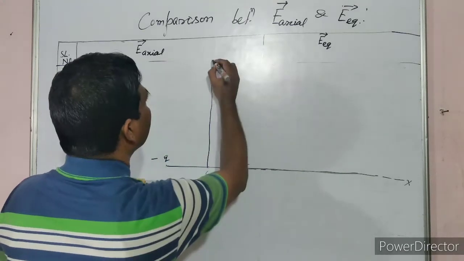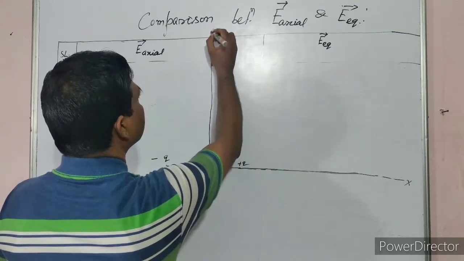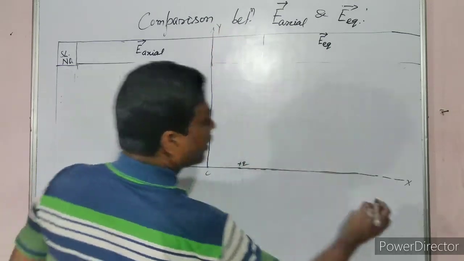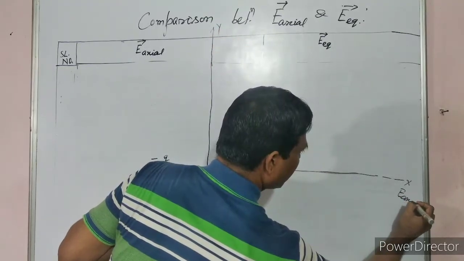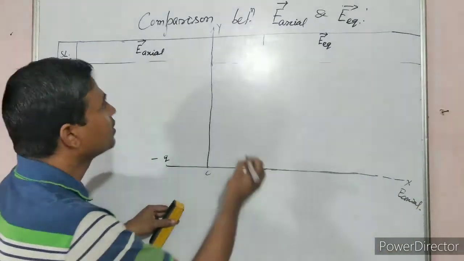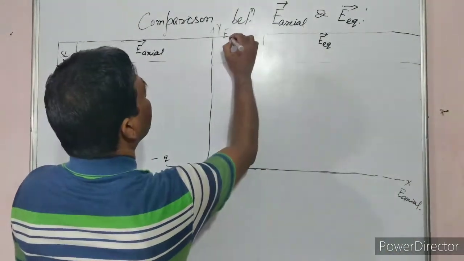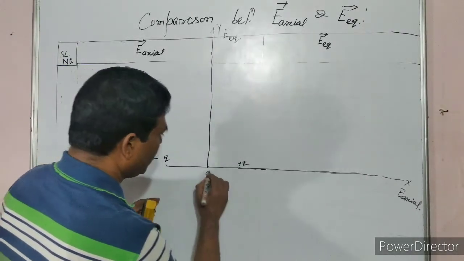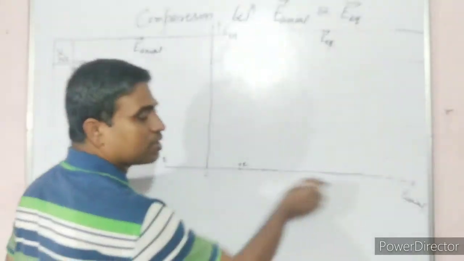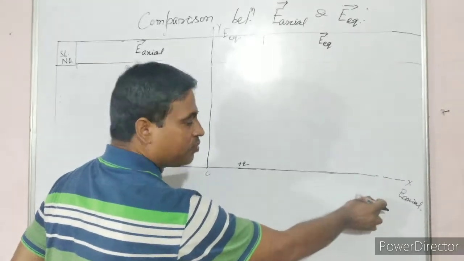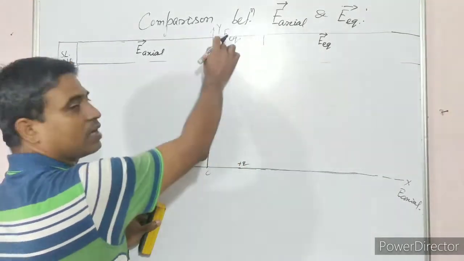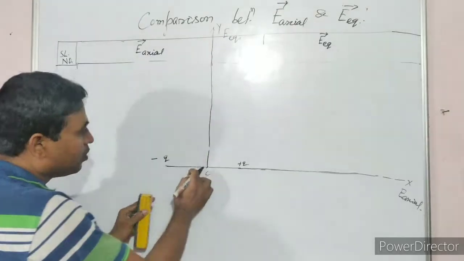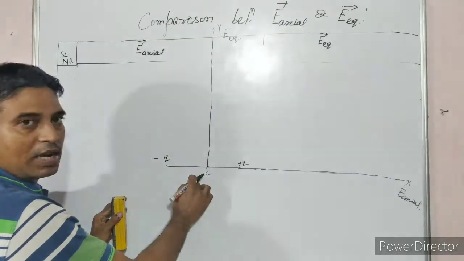This is the y-axis. This is E axial, try to understand, this is important, and this is E equatorial. Suppose it is an electric dipole, and this is the origin. From the origin, if you go this way it is positive, if you go vertically upward it is positive, and if you go towards the left it is negative.